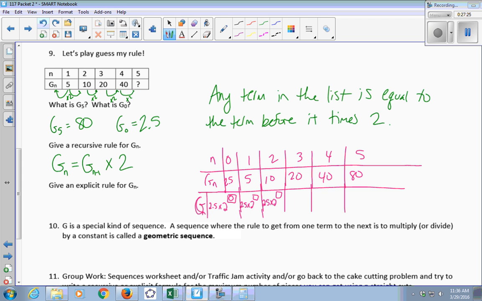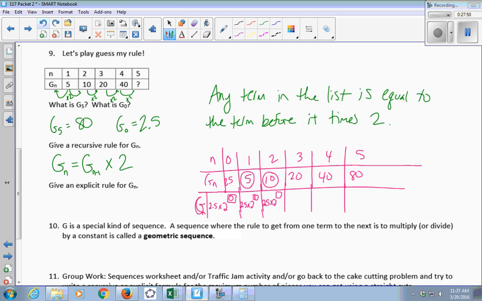Okay. If I want to get 5, my next number in the list is a 5. How many times should I double 2.5? Once. I just want to do times 2 once. So I'm going to put a 1 in there. All right, and then if I want to get 10, my next number in the list is 10.